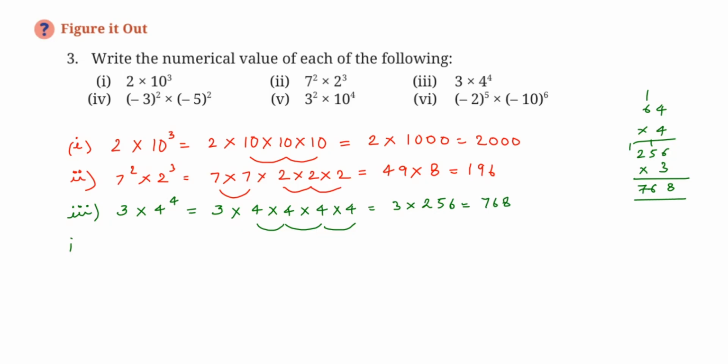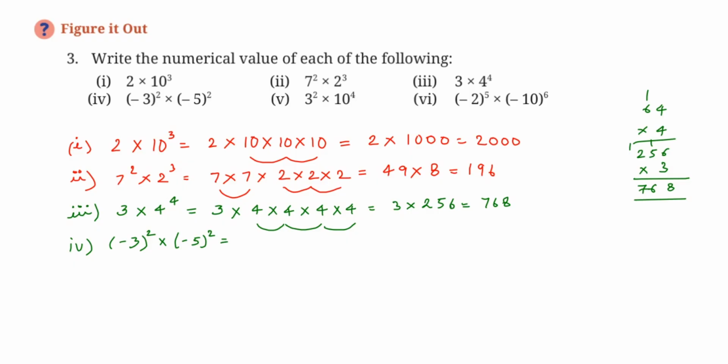Fourth one. We have minus 3 square times minus 5 square. Now, whenever you're multiplying negative numbers like minus 3, if you're multiplying it an even number of times, your product will be positive. You have to just multiply the numbers and you don't have to put the sign there.